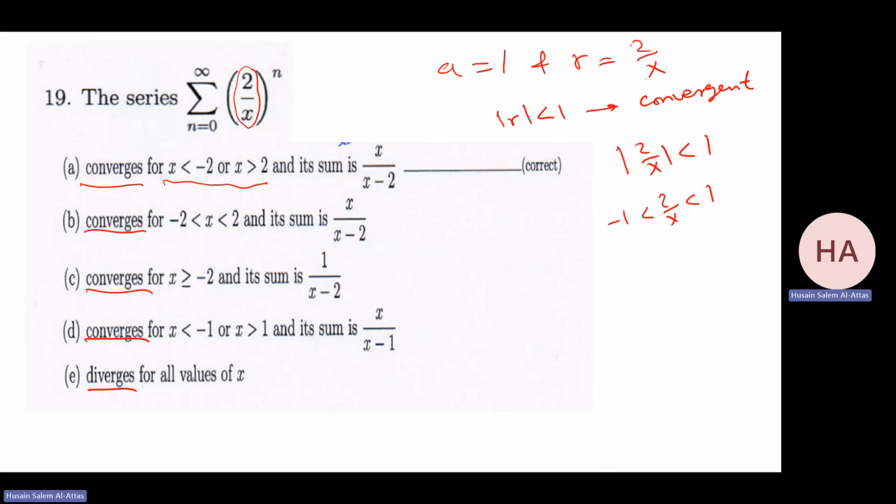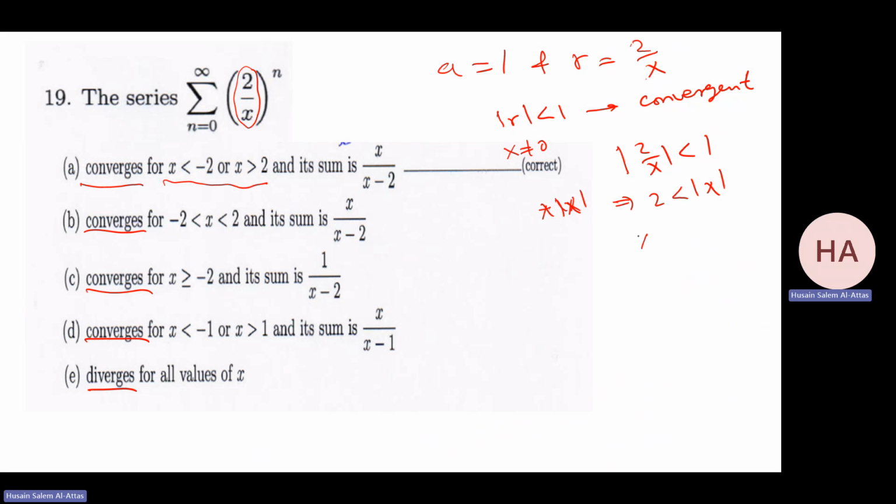How to solve such a problem? You need to be careful. Assuming x is not equal to 0, since I have a problem at 0, if I multiply by the absolute value of x, which is always positive, I'm getting 2 is less than the absolute value of x.